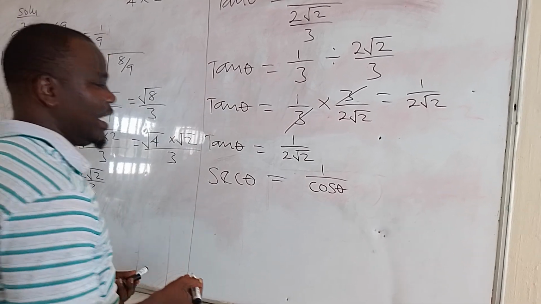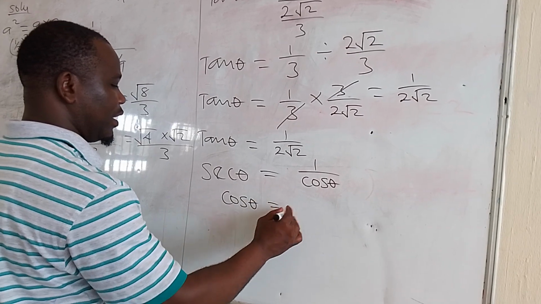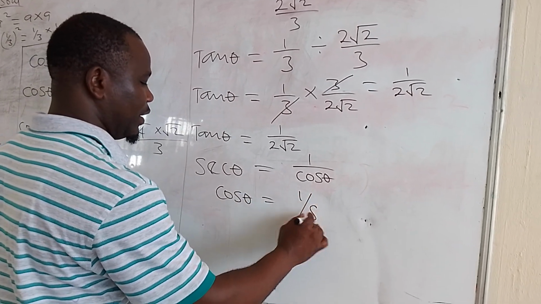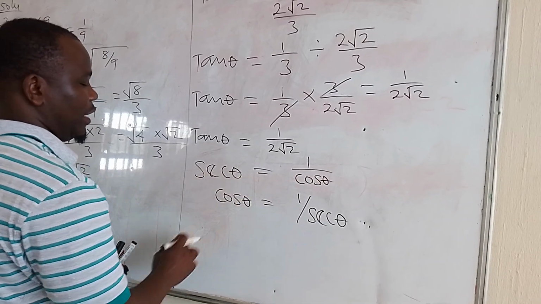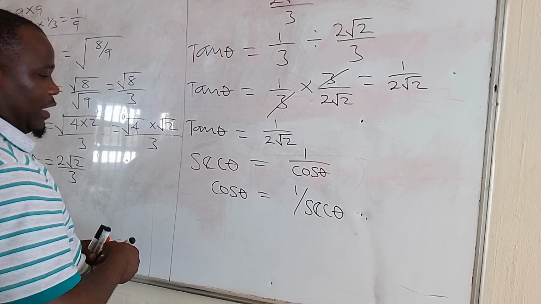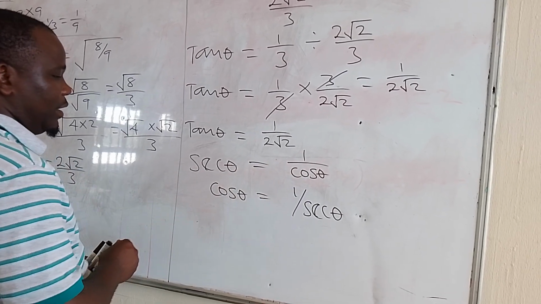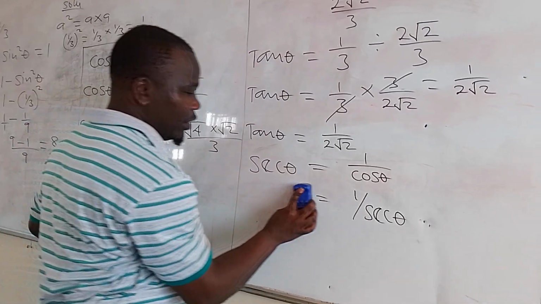So this implies that cos theta is the same thing as 1 all over sec theta, because if you cross multiply, then make cos theta the subject of the formula, this is how it will look.